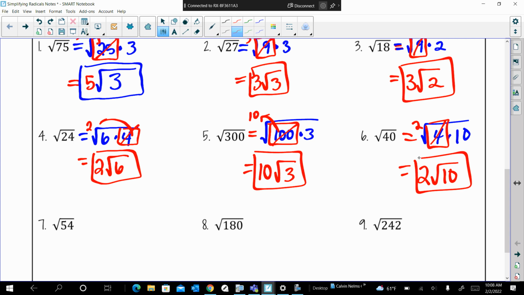All right, what about 54? 9 and what? 6. Yeah, 6. So 9 times 6 gives me 54. 9's the perfect square. The square root of 9 is 3. So this would be 3 root 6.